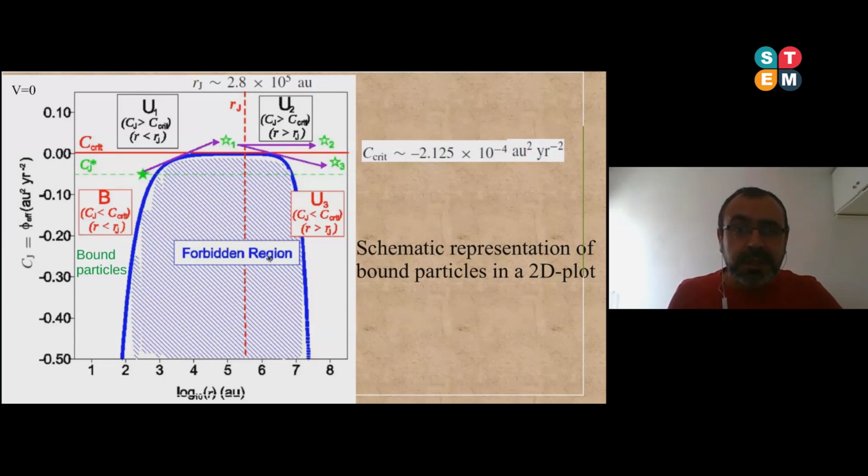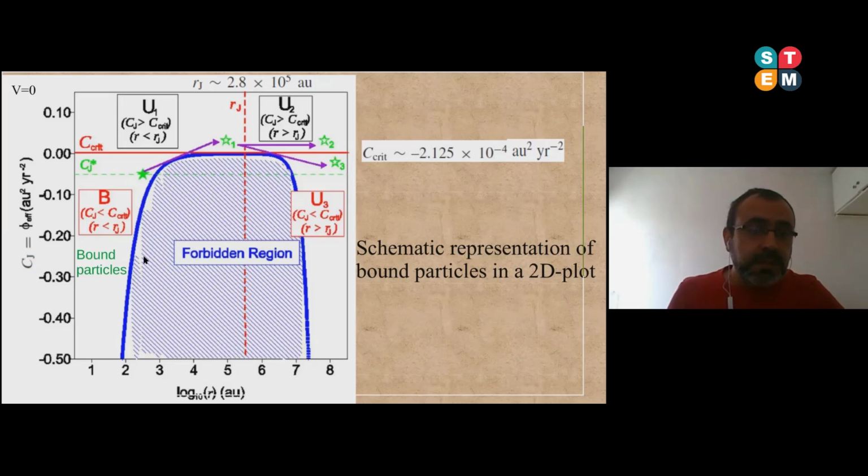These three regions contain unbound particles, particles that are influenced by the galaxy. And the Oort cloud is placed here, where we find bound particles. These particles are not able to escape the Oort cloud because of this forbidden region.